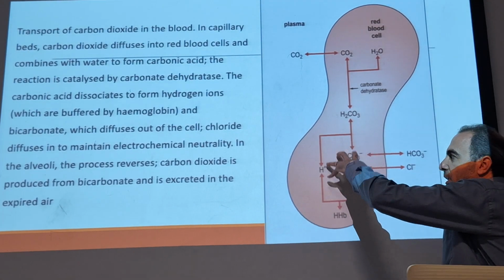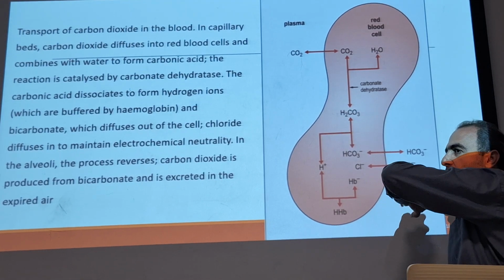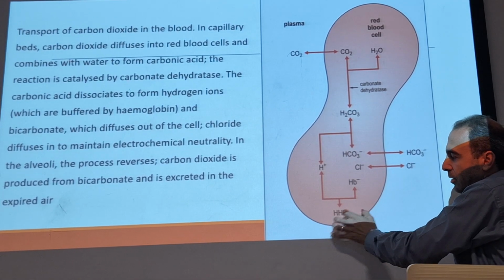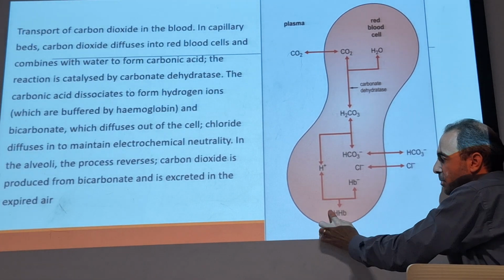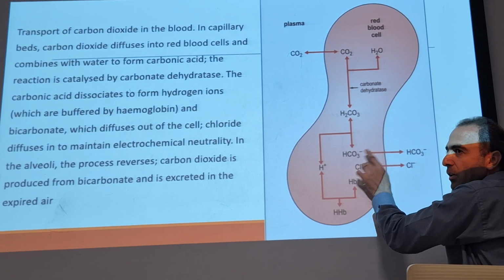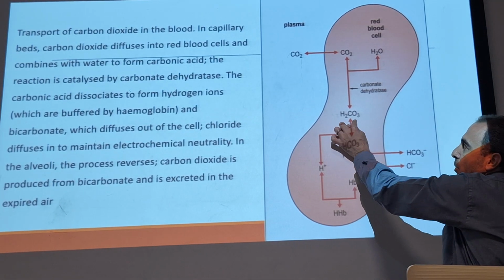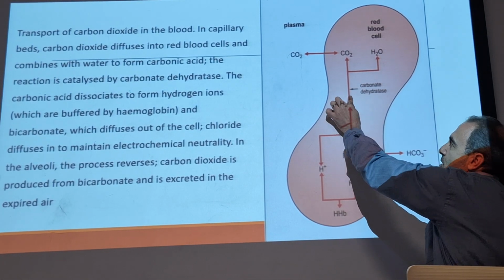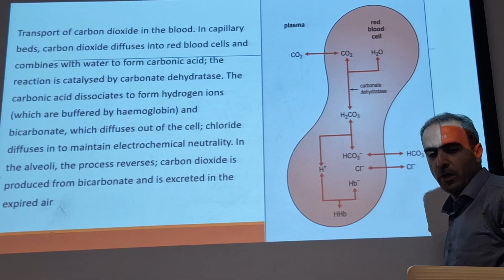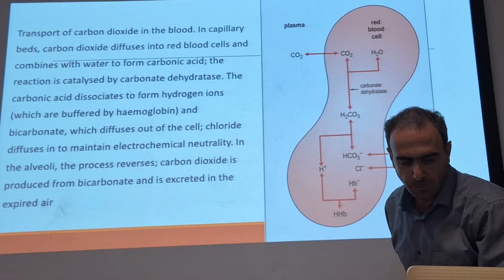It's happening in the tissue. In the lung, hemoglobin binds to O2, H plus is released, and H plus combines with bicarbonate, which is coming inside the cell. Together, H2CO3 is produced, and H2O and CO2 will be excreted from our body.